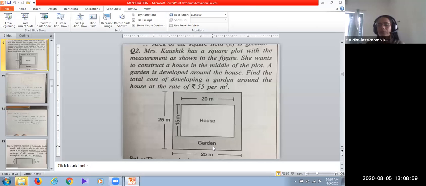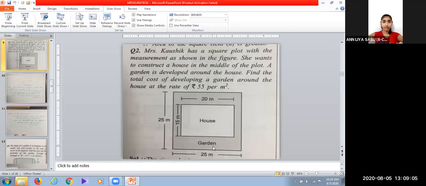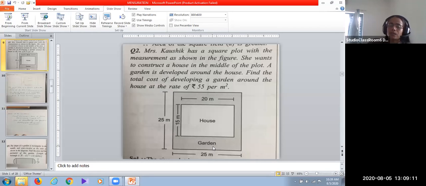We should subtract the area of the house plot from the area of the square plot. Okay. So now take the next question.